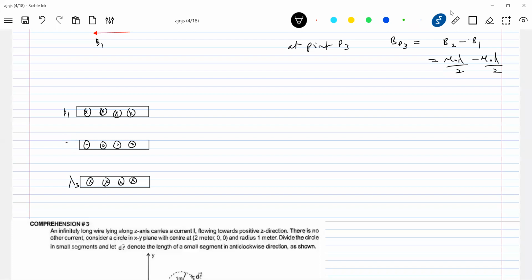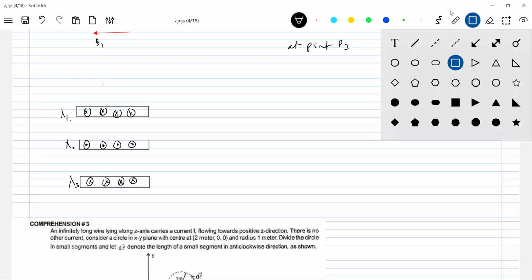I'm giving the current density in this way. These are the sheets, no? So what about the field at this point? All 3 sheets will contribute. I'll give only directions. Later on, you will just take the sum.